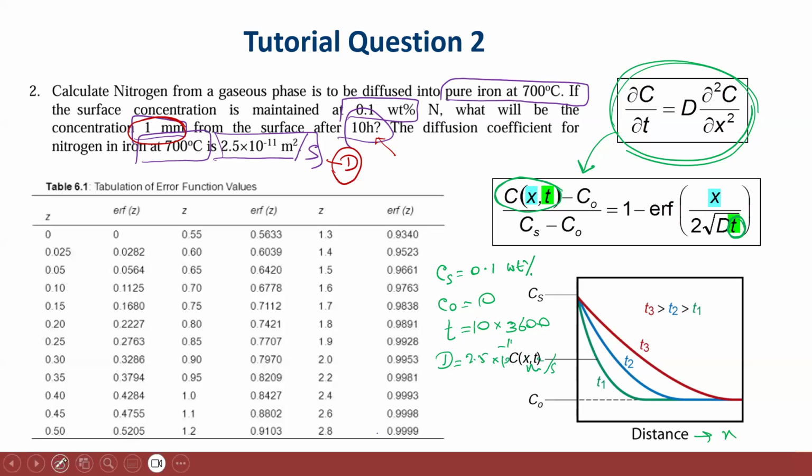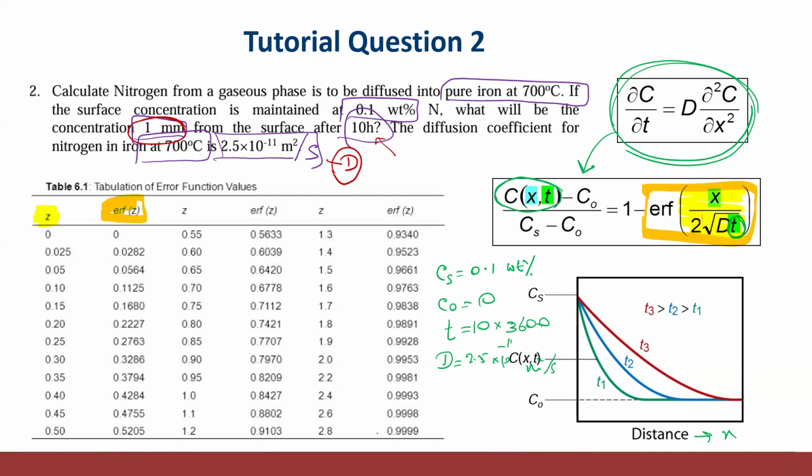Okay, so here, if you can find this part, we call that z. If you know that part, you can find the error function using this table. So if you know the z, that means this inside part which I have colored in the equation, x divided by 2 root Dt, if you know that, you can find the error function. Is it clear?